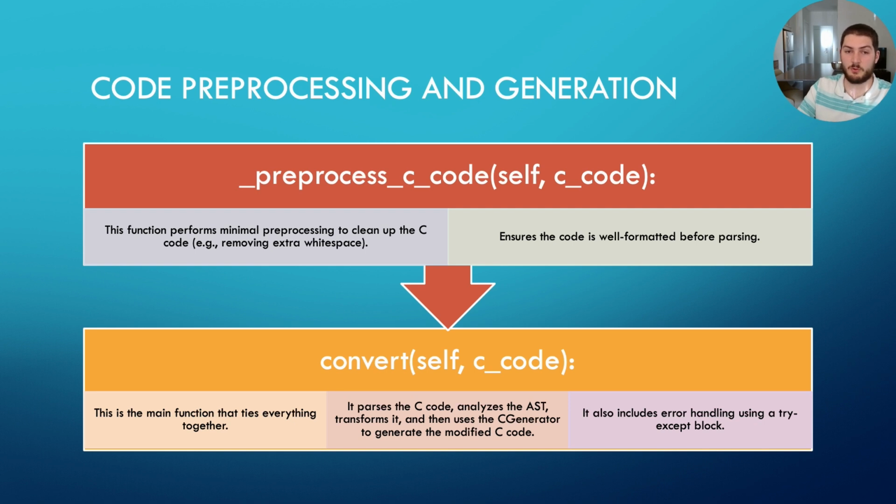In addition to these core operations, the convert function also incorporates robust error handling using a try except block to prevent the code from crashing. In summary, the code preprocessing and generation stages implemented by the preprocess C code and convert functions are crucial for preparing the C code for analysis and for producing the final transformed C code in a robust and reliable manner.